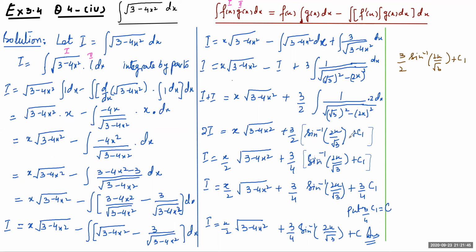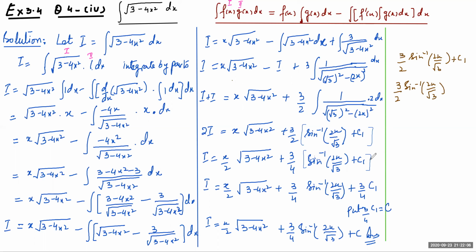Here you can see I have written c1 inside the bracket. As a result, when I open it, this 3 by 2 will be multiplied by this c1. But if a student does not do this and uses just a c1 outside the bracket, then its result will be 3 by 2 sine inverse 2x by square root of 3.